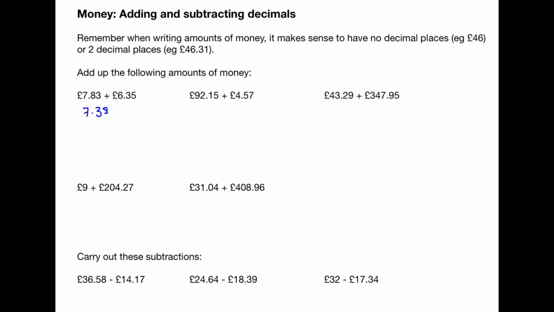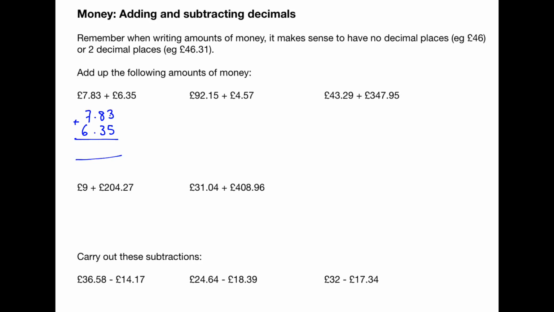7.83, oops, silly me. Try again. Right, so when we write £7.83, we write 7.83, and the 6.35 that goes underneath it, we need to get the points in line with each other. Okay, so the 6 goes before the point, and the 3 and the 5 come after it. Always write down what kind of a calculation it is you're doing.